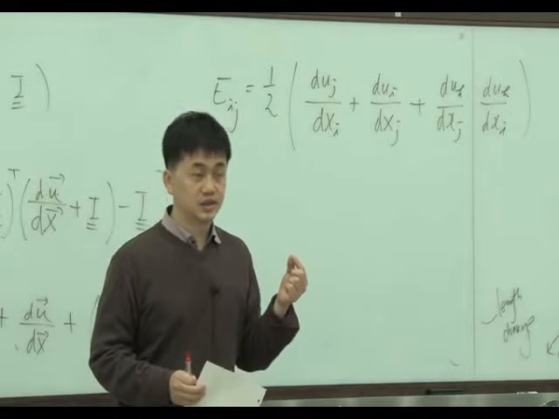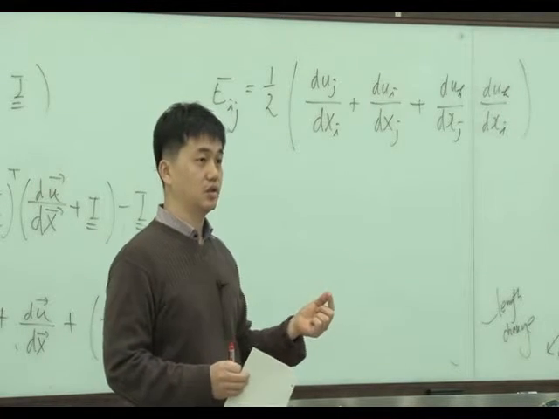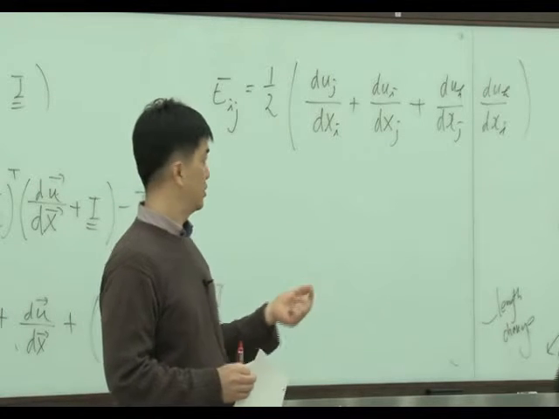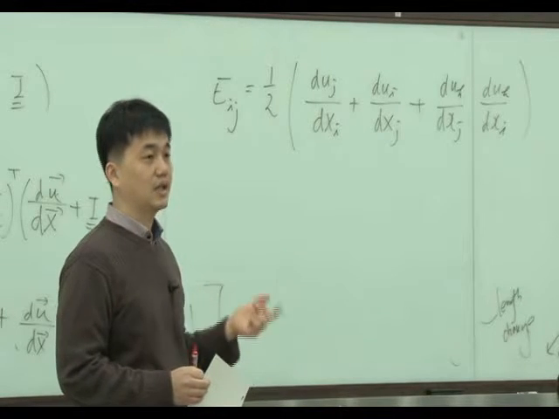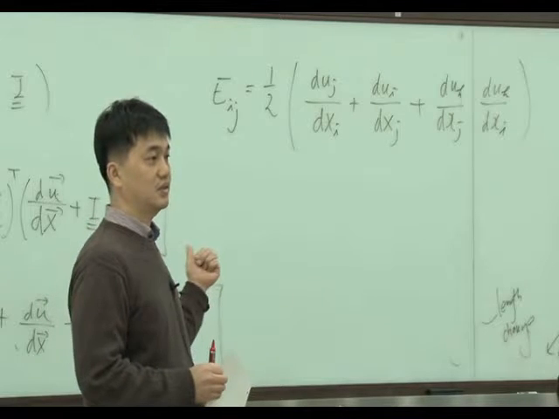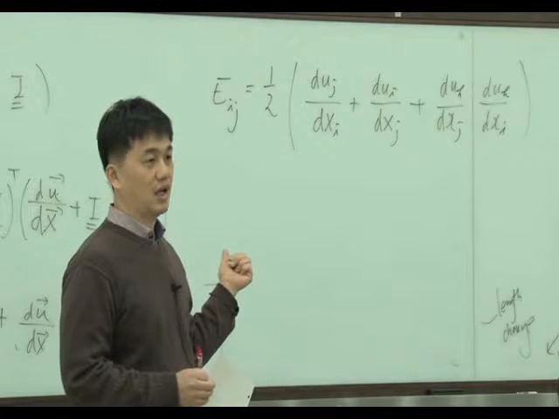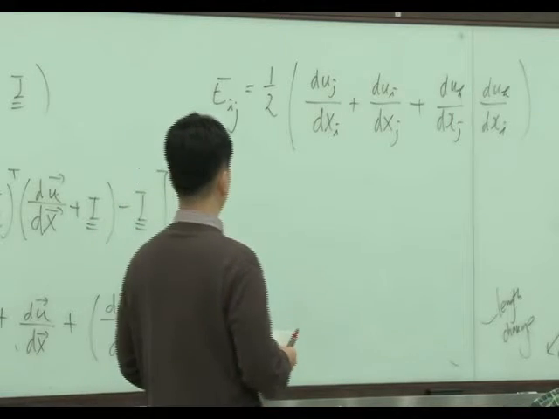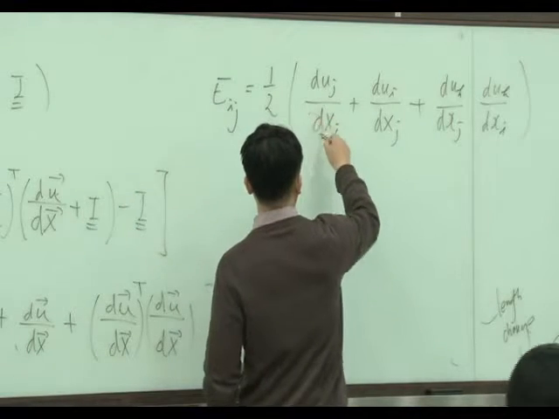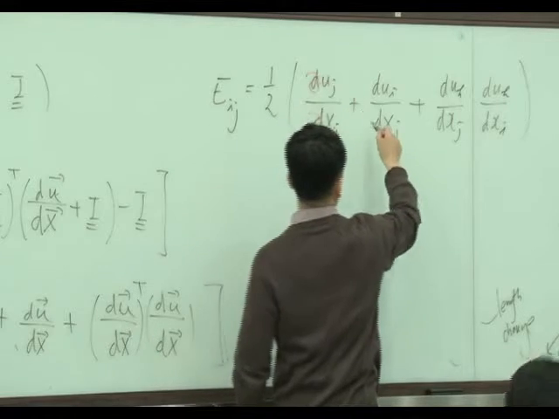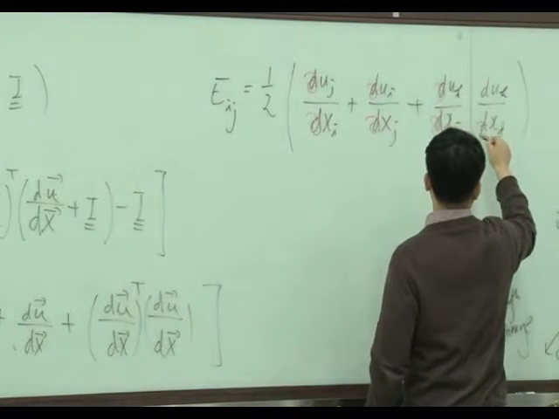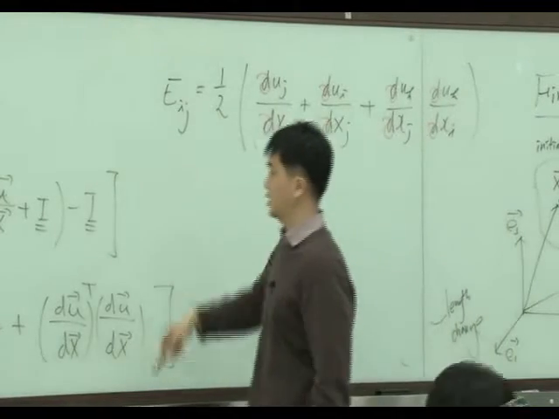Usually, displacement or position depends on both space and time, right? But here, I didn't consider the time, so this is fine. But if you want, you can change to the partial derivative, something like that. Here also partial.